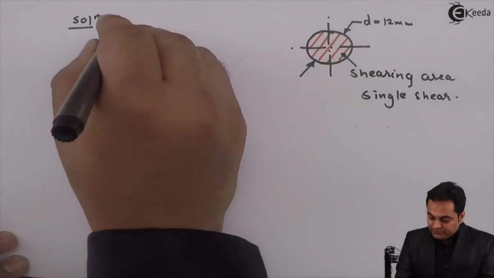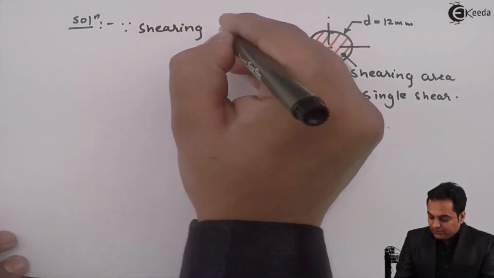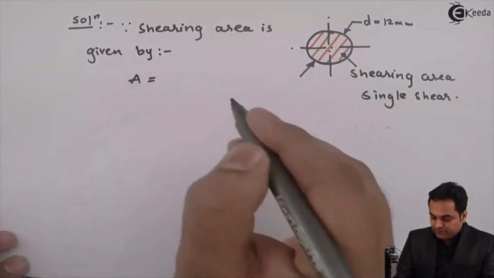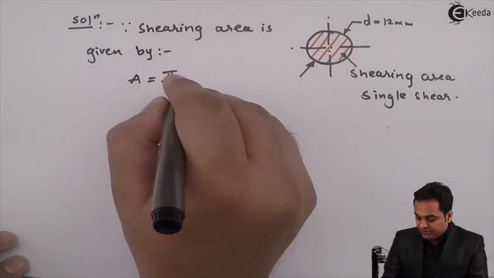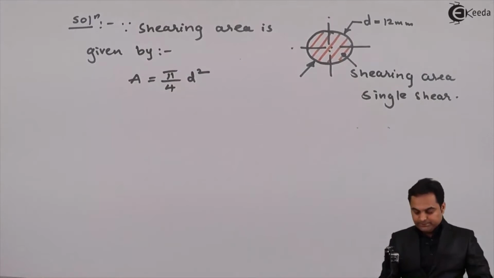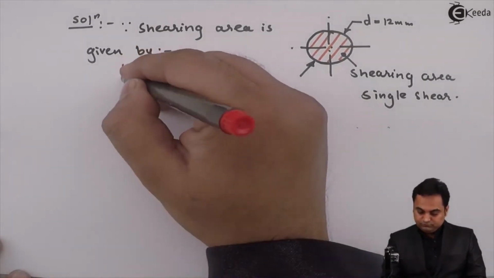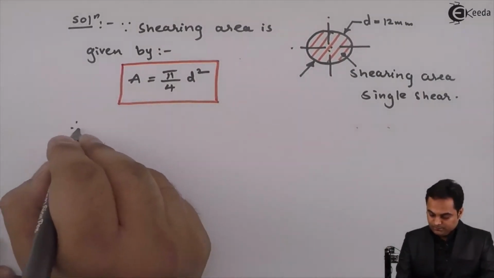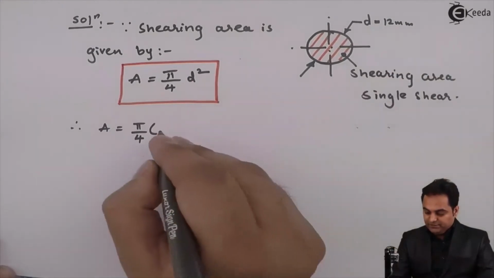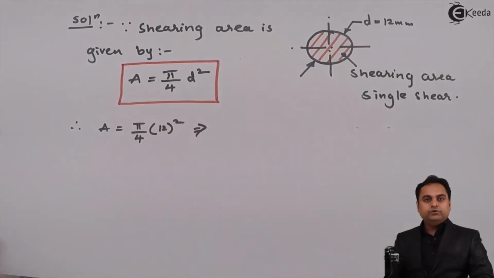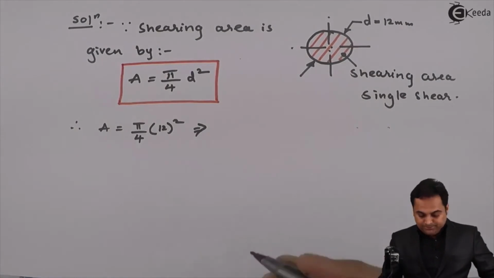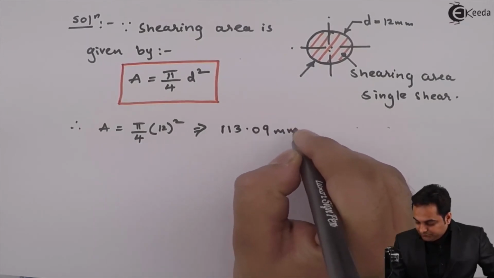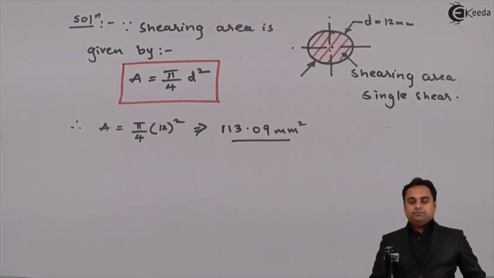So first I'll write down, since shearing area is given by A is equal to, here we are getting cross section area, so pi by 4 into d square, diameter is 12, pi by 4 into 12 square, and my answer is 113.09 mm square.